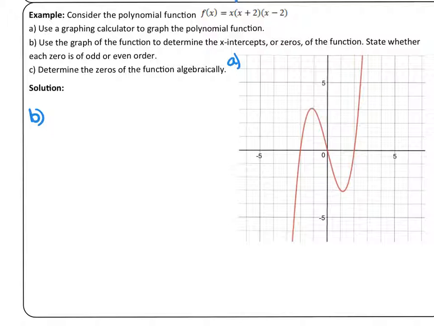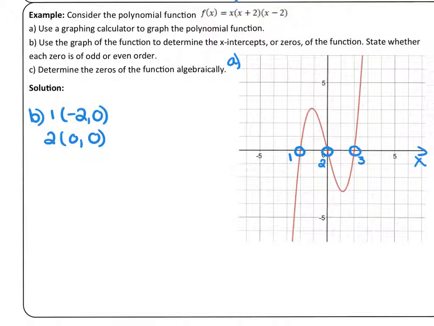All you're going to do is see where it crosses or touches the x-axis. This is the x-axis here, and I'm going to circle all the points where it crosses or touches. You can see in this example we have 3 of them. This first one crosses at -2 and 0. At point 2, it crosses right through the origin, so that's 0 and 0.